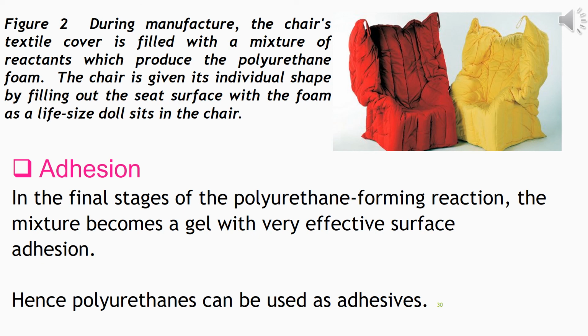Adhesion: in the final stage of the polyurethane forming reaction, the mixture becomes a gel with very effective surface adhesion. Hence, polyurethanes can also be used as adhesives, because at the end of the reaction a gel is produced that has very effective surface adhesion.